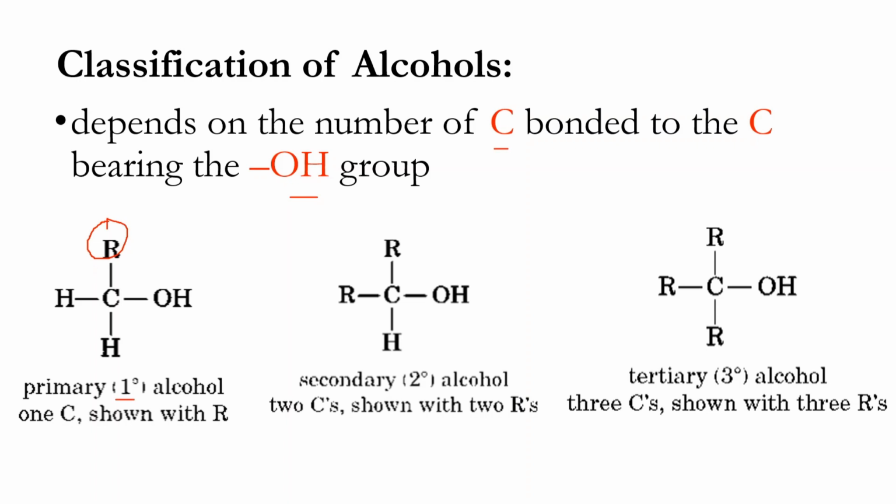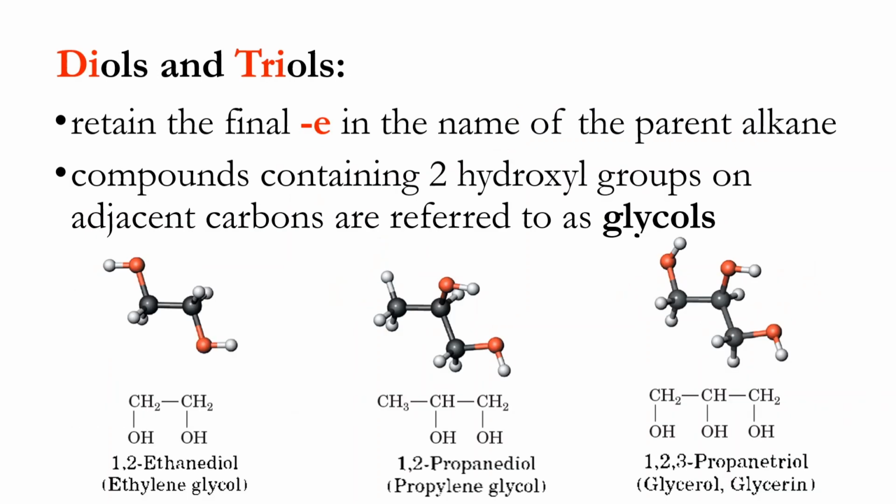When the carbon bearing your OH group is bonded to two other carbon atoms, that is classified as secondary alcohol. But if your carbon bearing the OH is bonded to three other carbon atoms, that alcohol is classified as a tertiary alcohol.